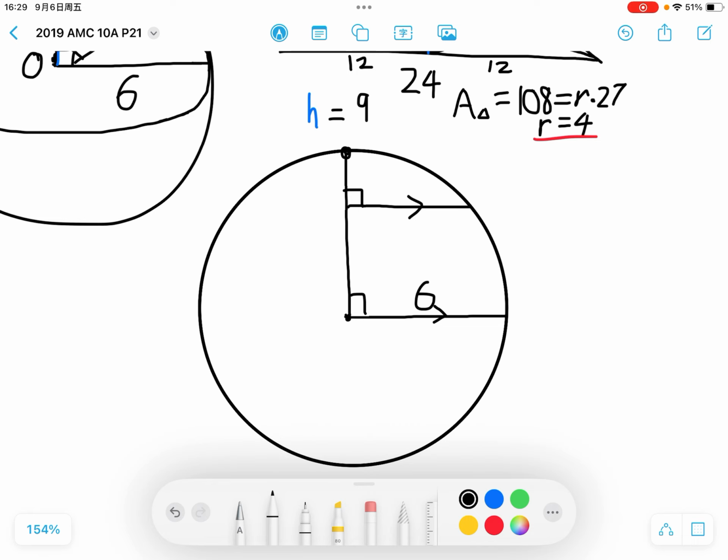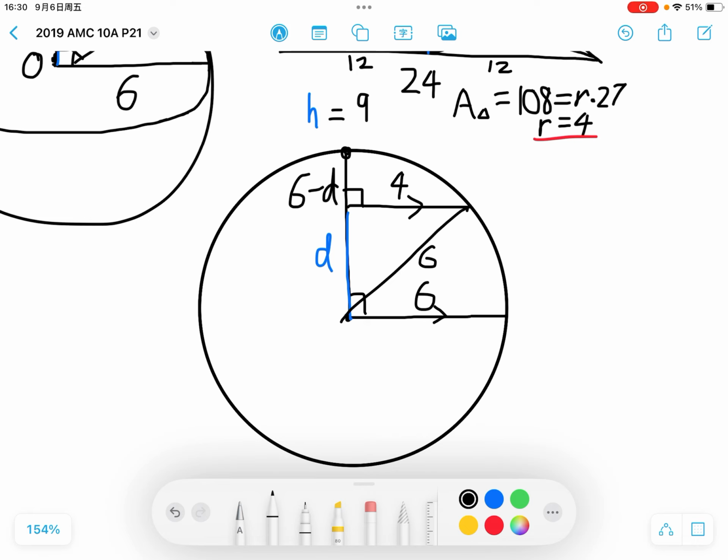So this is going to be 4. If that's 4, and we want to figure out this blue line, the distance d, maybe we can use some properties of the circle. Let's connect the points together first. We know this is d, that is d, and that is 6 minus d. And if we connect this line, that's 6, which is just the radius.